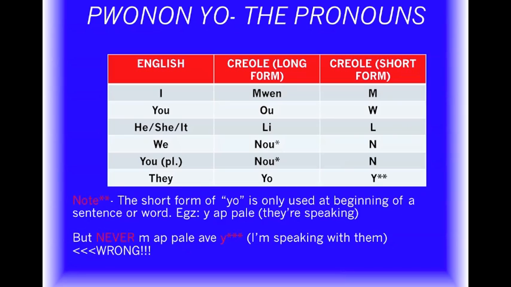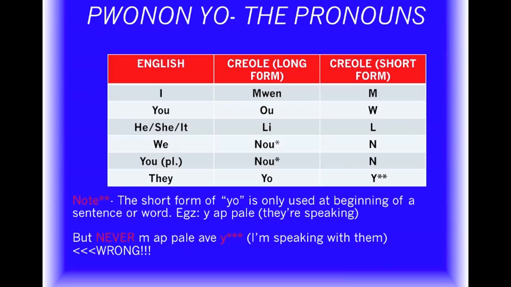So we have moi, ou, li, nous, and yo. I have this nous starred with an asterisk because nous is actually used for we and you plural. It will be clarified according to the context.